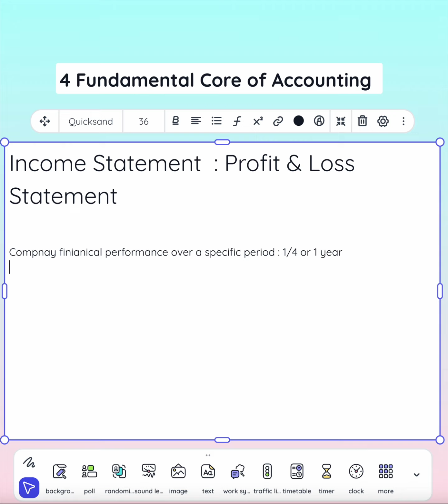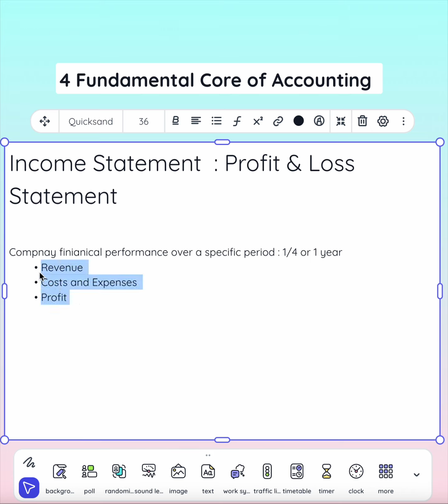What it shows is how much money the company made, the revenue, and how much it costs to make that money. So it also has costs and expenses, and how much profit is generated.